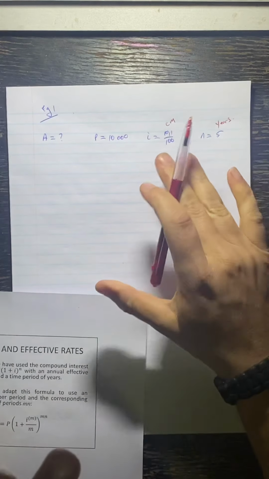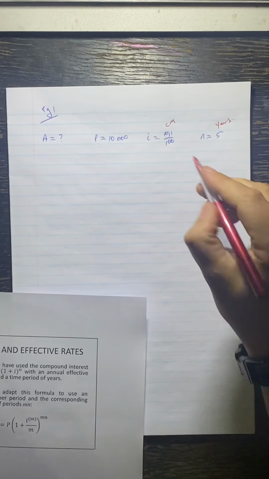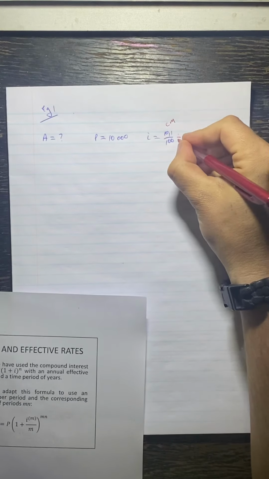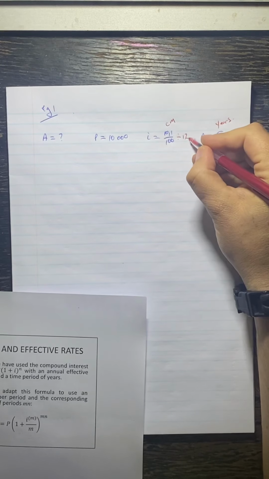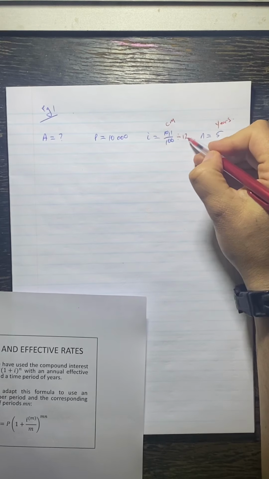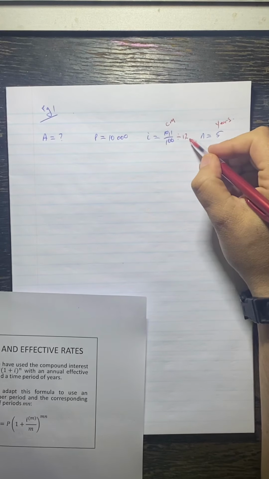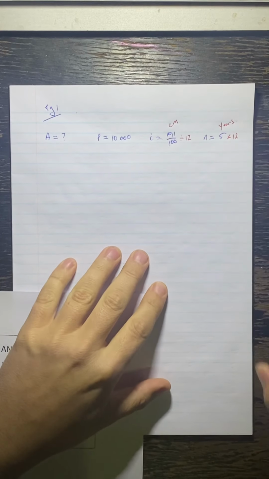We cannot compare these two. So in order to get this right, what I need to do is divide the interest rate by 12. Now, where am I getting the 12 from? Well, how many months are in a year? There's 12. I divide this one by 12 and I multiply this one by 12.